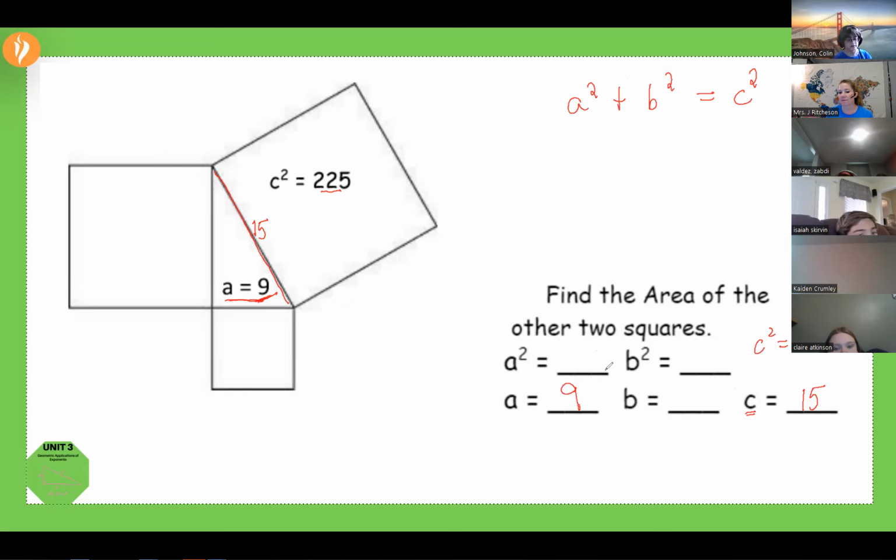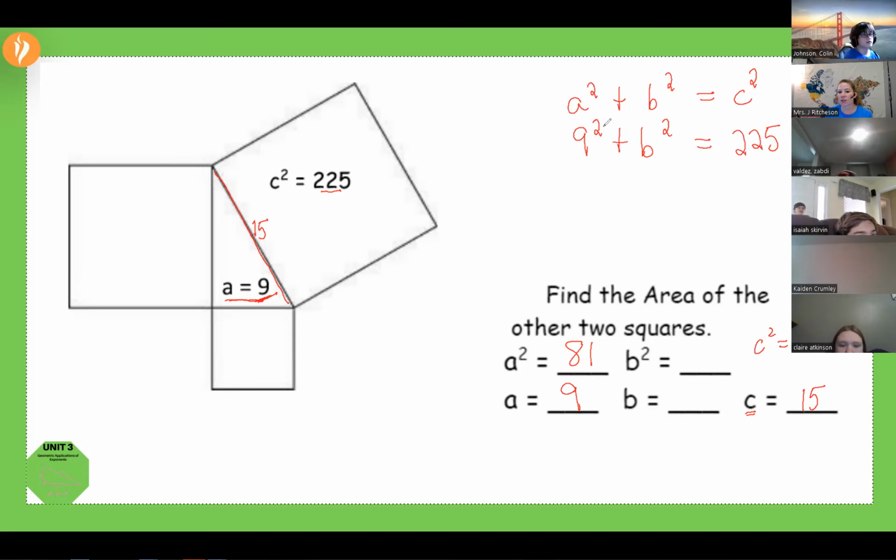And what is that? 81. I agree with you. All right. Now what can we do? Since we already have two lengths, we can do 15 minus 9 and get 6. That's how we get B.